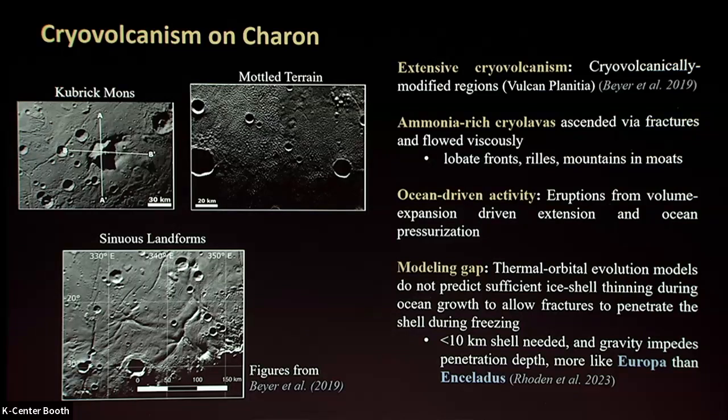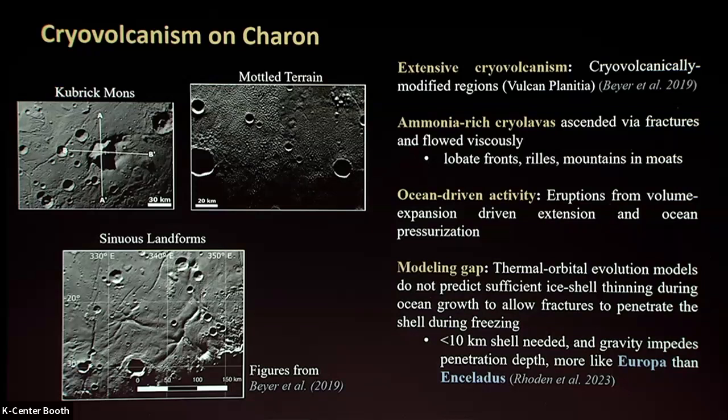So the idea here is that as you're freezing out the ocean, you're adding thickness to the ice shell, which pressurizes the ocean. So if you're able to drive a fracture all the way through from the surface to the base of the ice shell, that ocean water is pressurized and will be ejected out of the fracture. This is the basic model for plumes on Enceladus and other icy bodies.